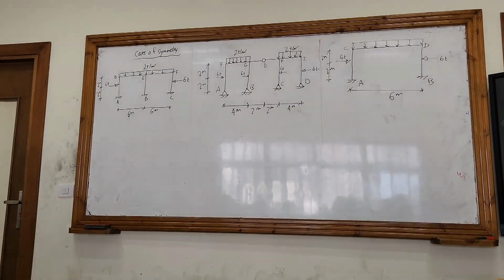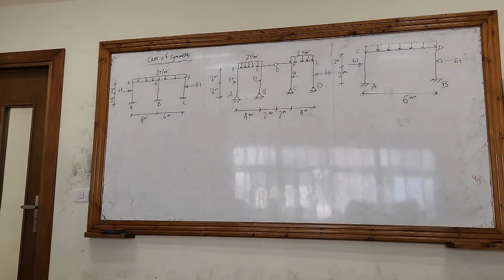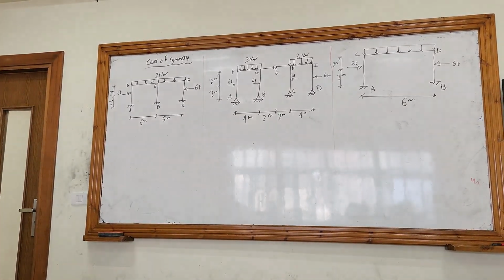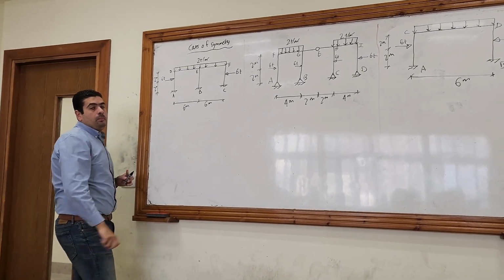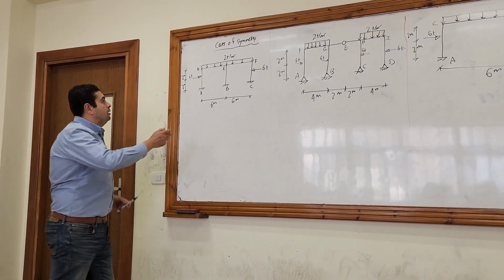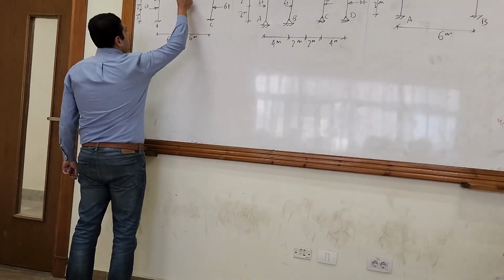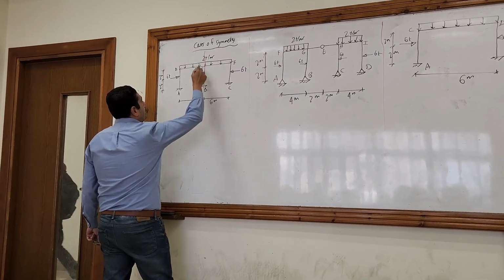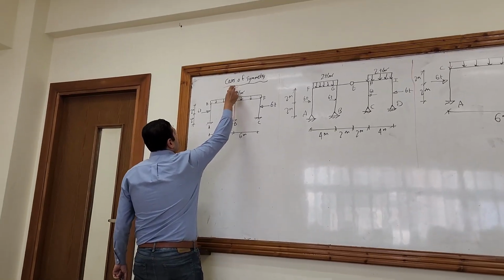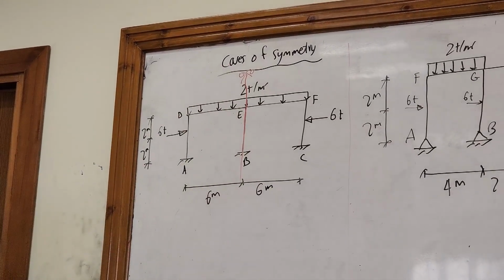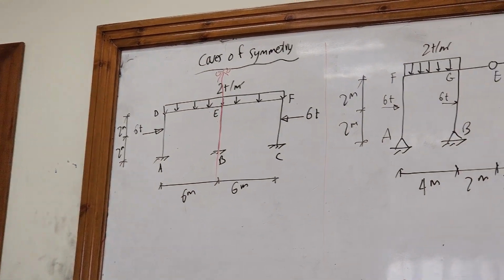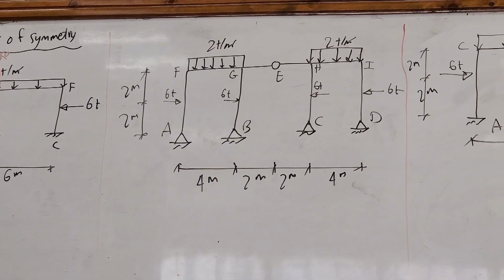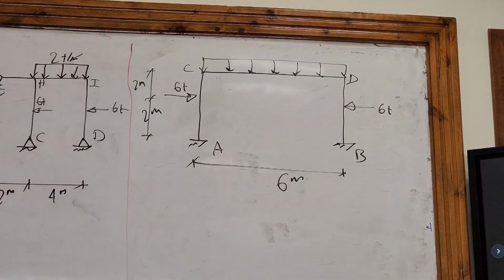Okay. Let's talk about the cases of symmetry. What about the first frame? I think it has here a line of symmetry or an axis of symmetry, right? What does that mean if I'm having a line of symmetry inside the frame?